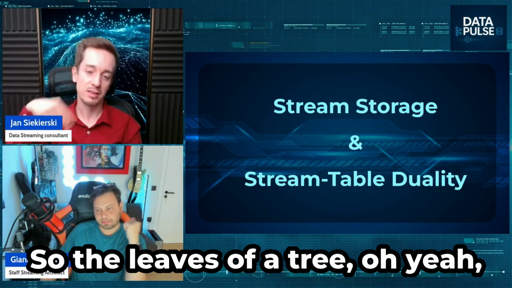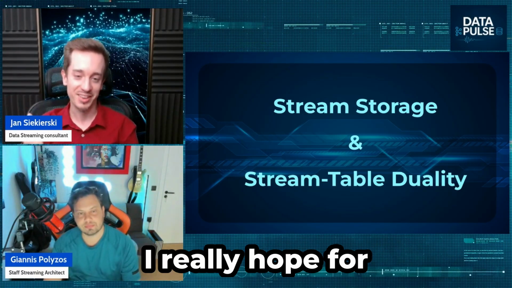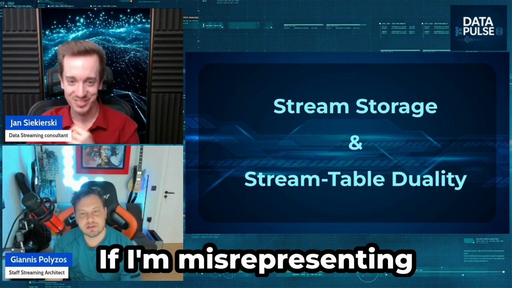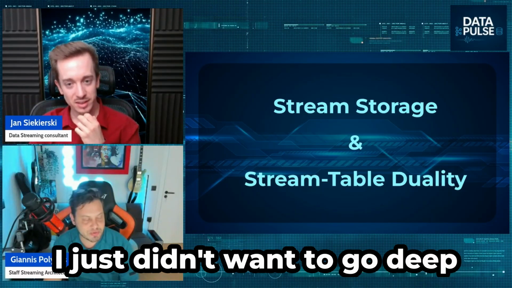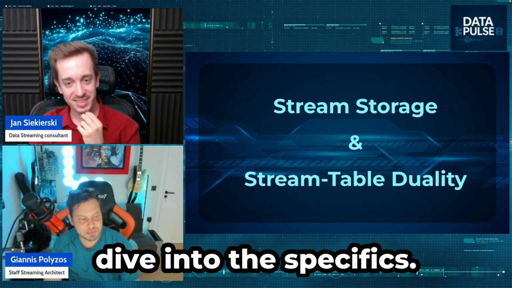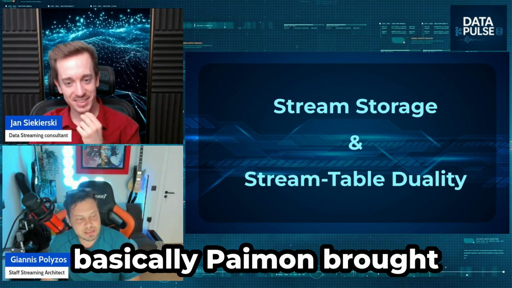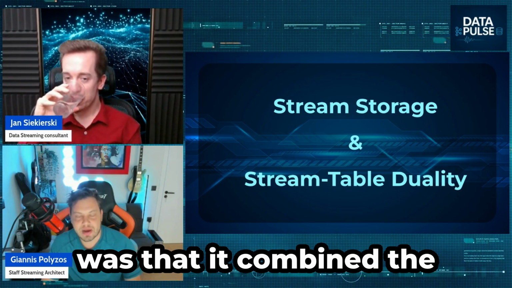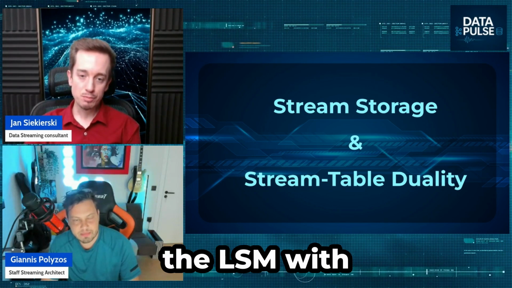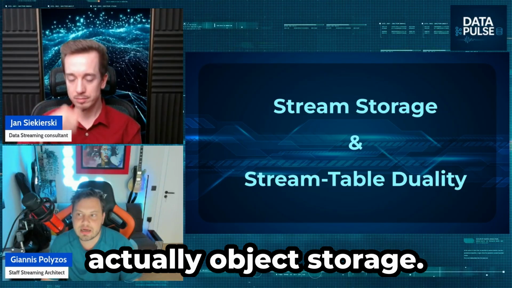So the leaves of a tree. I really hope for your corrections if I'm wrong. I just didn't want to deep dive into the specifics. The benefit that Paimon brought was that it combined the log-structured merge tree, the LSM, with object storage.